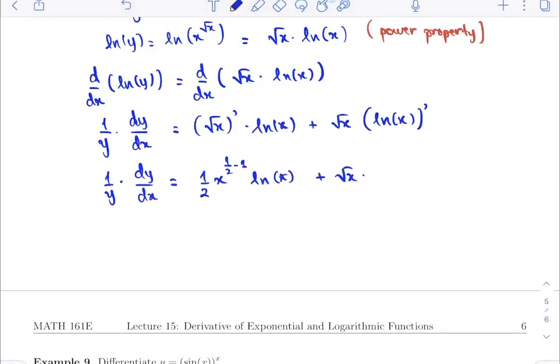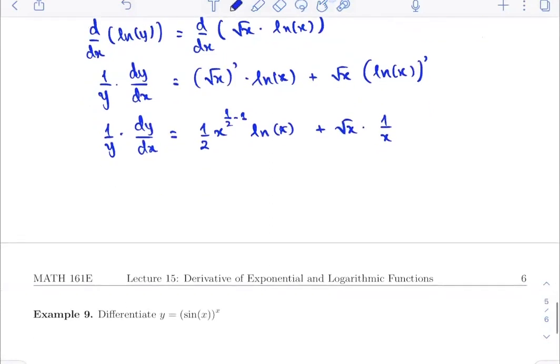And the derivative of ln of x is 1 over x. So you can solve for dy/dx at this step. This gives you y times 1/2 times x to the negative 1/2 times ln of x, plus square root of x over x.